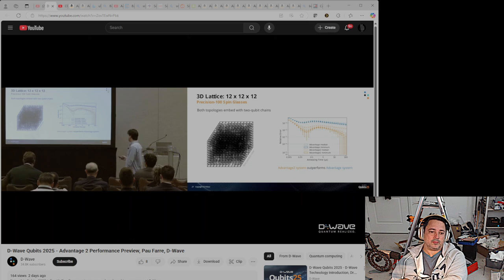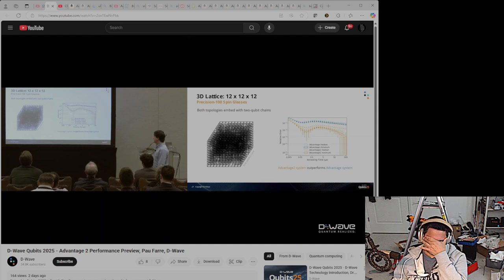Solution quality again, and the story is similar to before. We see Advantage 2 descending quite steeply towards optimal. It gets pretty close, and then temperature starts to kick in. Results get worse. And then if we let it run for longer, results get better again in the quasi-static regime.